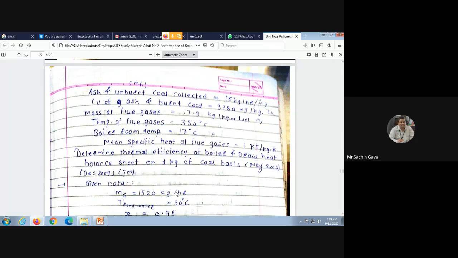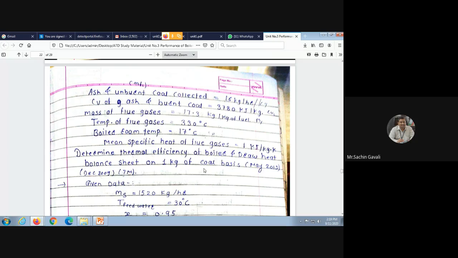Okay. Then mean specific heat of flue gases, 1 kilojoule per kg Kelvin.